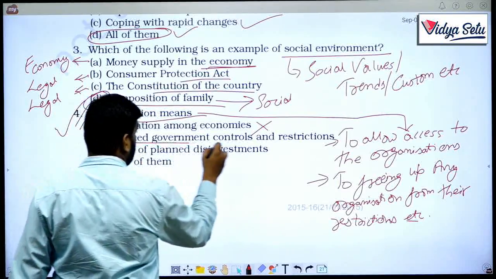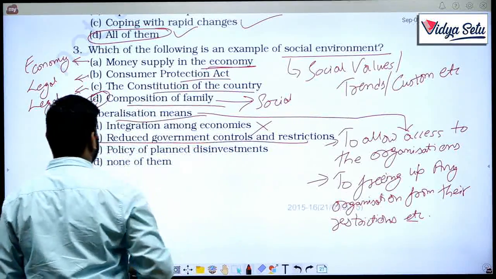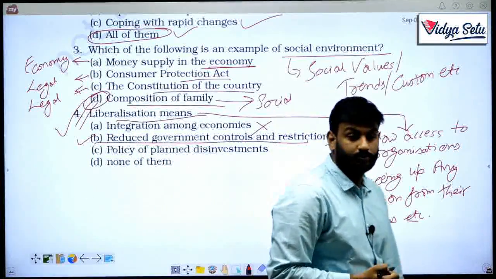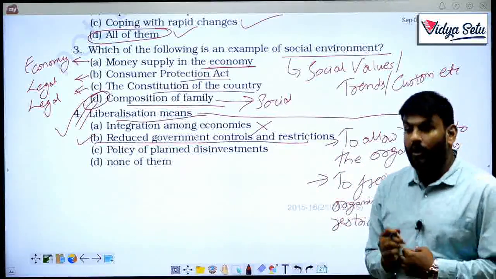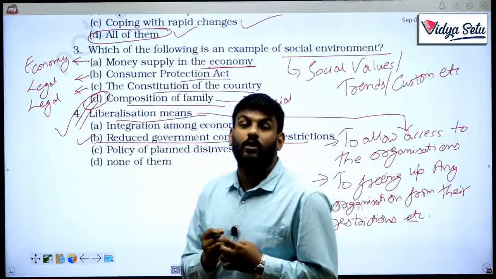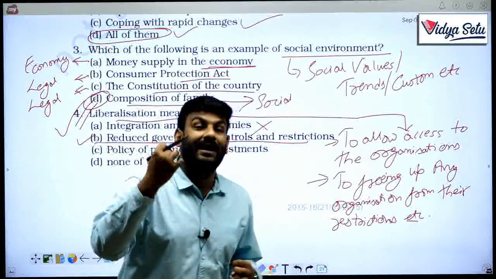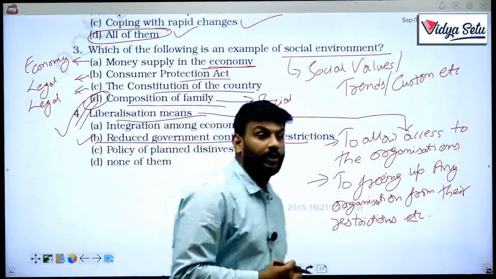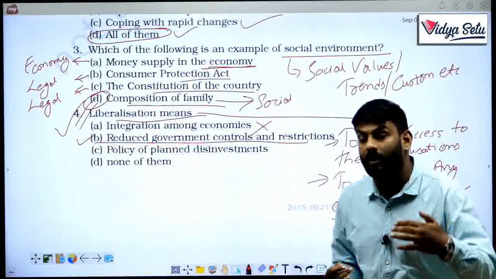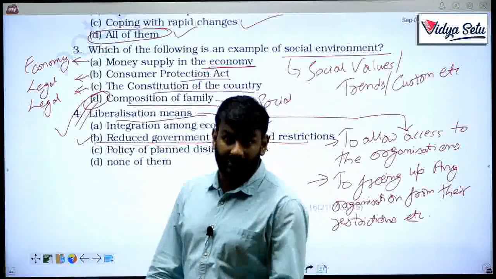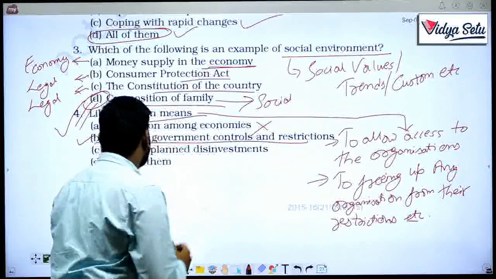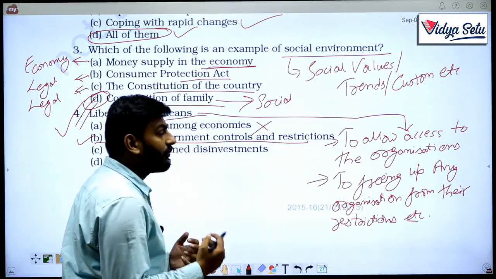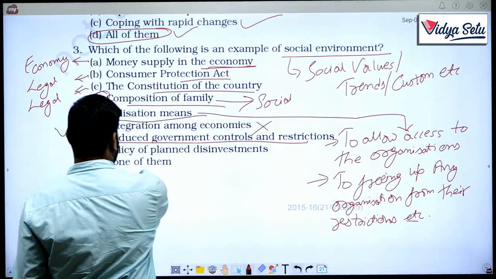Yes, liberalization reduces government controls and restrictions, as in you are not allowed to fix the price, you are getting the freedom to fix the price, you are getting the freedom to buy and sell goods, or you are getting freedom to import or export in the organization. So government reduced controls and restrictions from all kinds of stuff. This deals with liberalization.